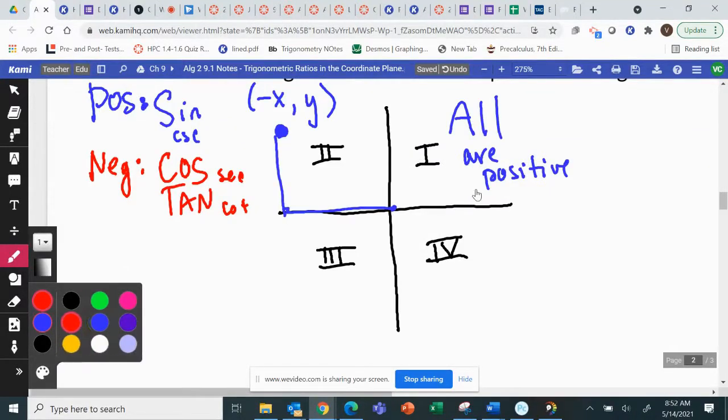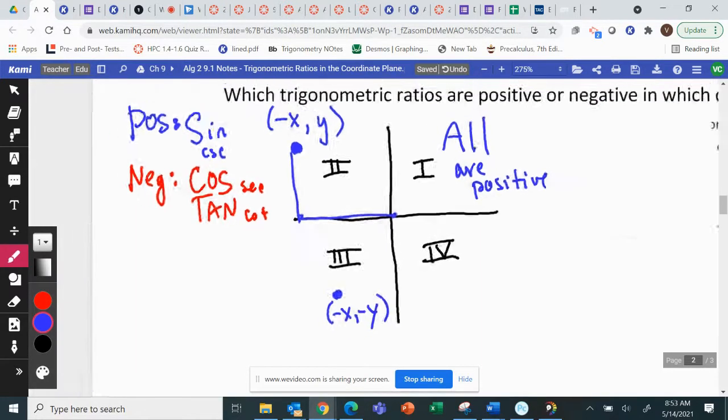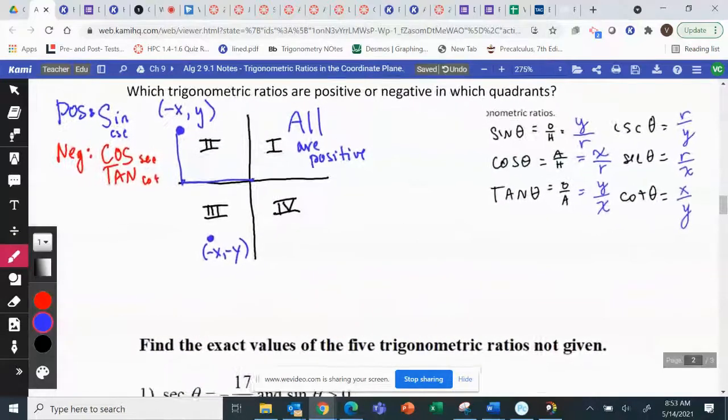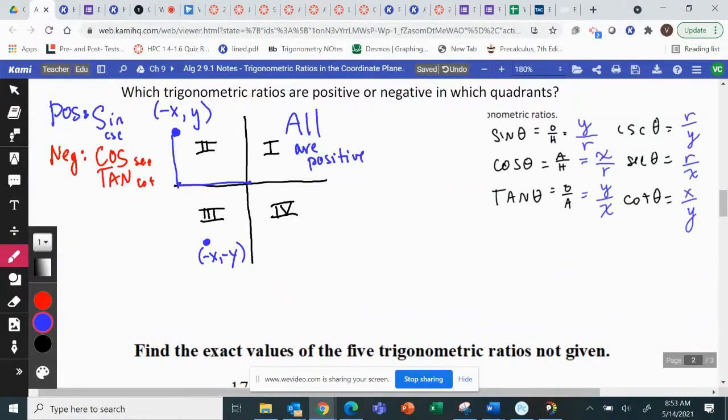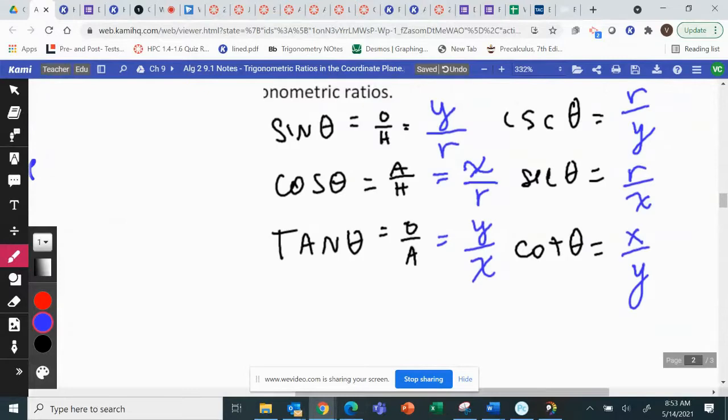Quadrant 3, if I go into quadrant 3, I have negative x, negative y. So for quadrant 3, what can possibly be positive if I have a negative x and a negative y? Out of all these ratios here, where can I get positives with a negative x, negative y?